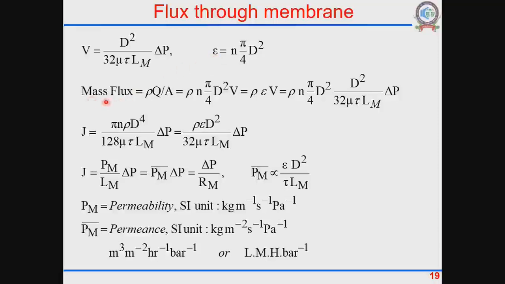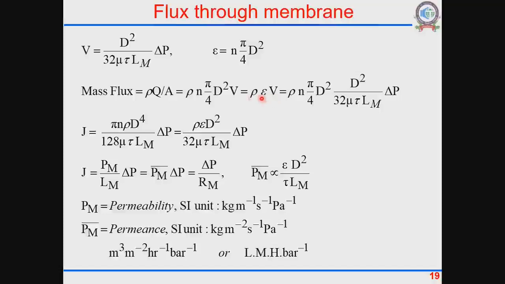Now, mass flux through the membrane we can write as rho multiplied by the velocity multiplied by epsilon. Because this velocity is only the velocity through the pore, it is not per unit cross section of the membrane, whereas epsilon is the total area available for flow divided by the total area. Therefore, mass flux becomes rho multiplied by epsilon multiplied by v.